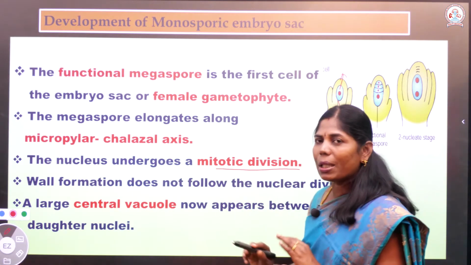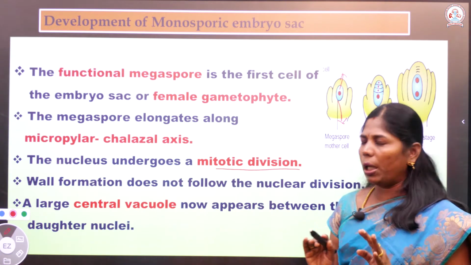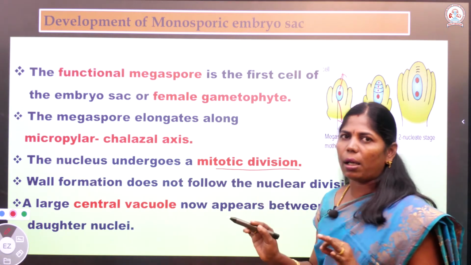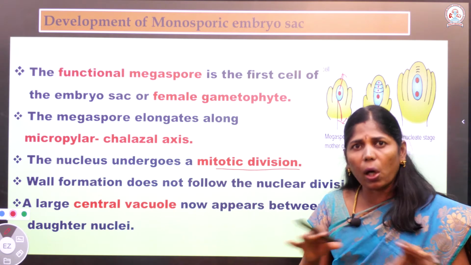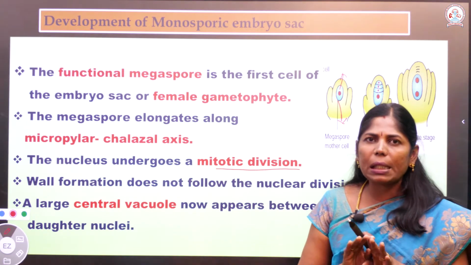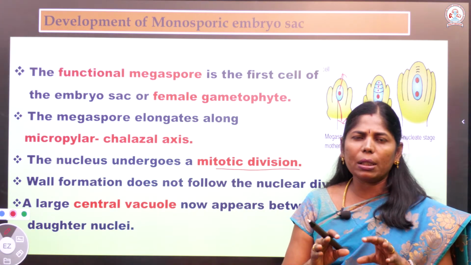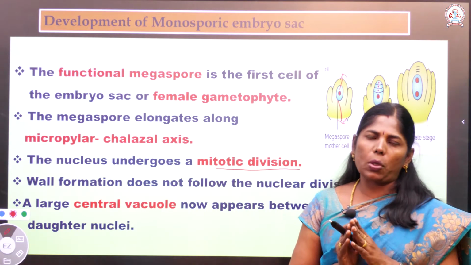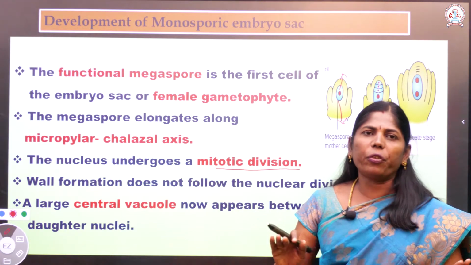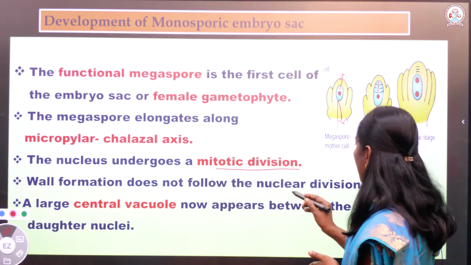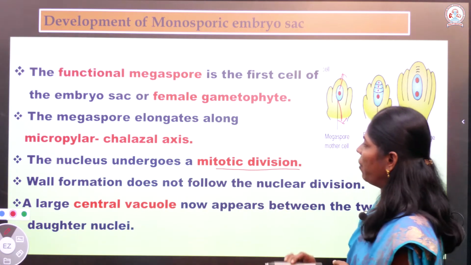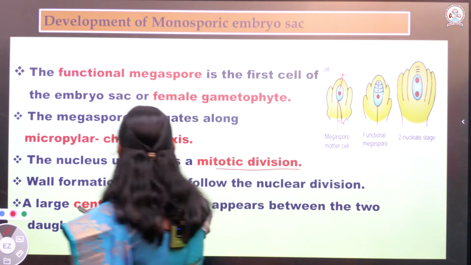The wall formation does not follow the nuclear divisions. When the nucleus divides here, will a separate wall form? Definitely it will not form. All the nuclei are free in the cytoplasm, so the cell wall will not form. Wall formation does not follow the nuclear divisions. Large central vacuoles are present.